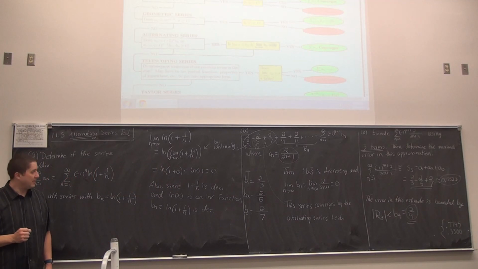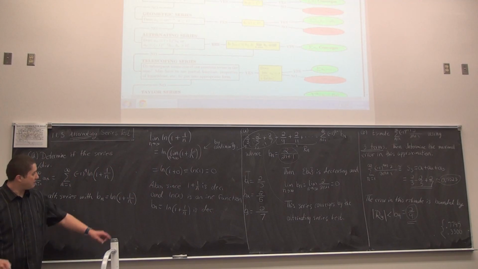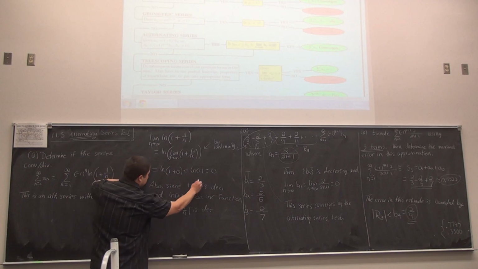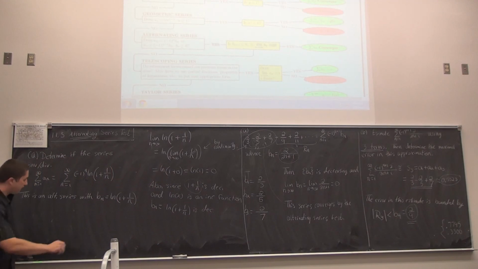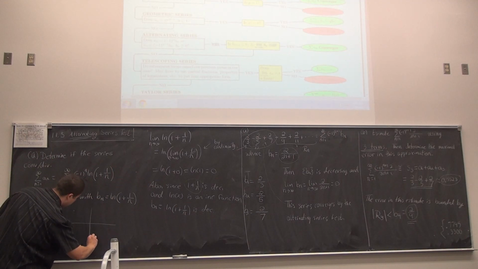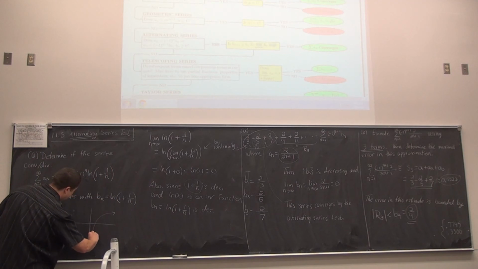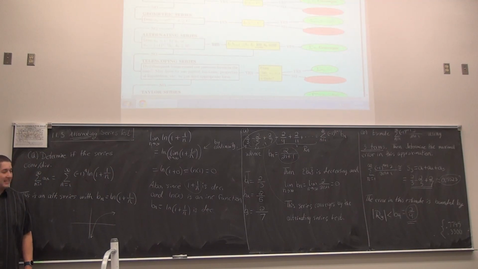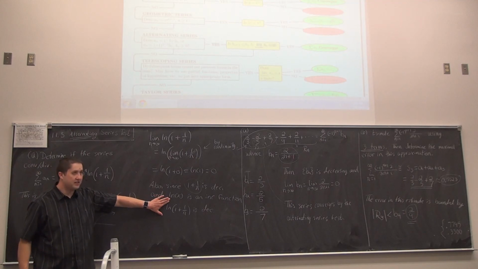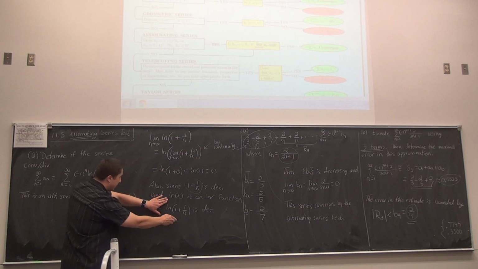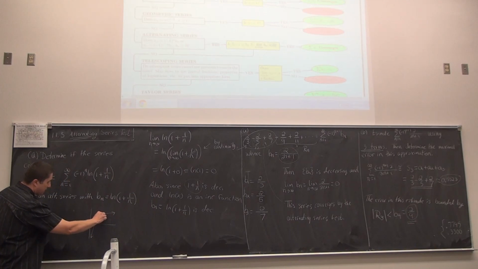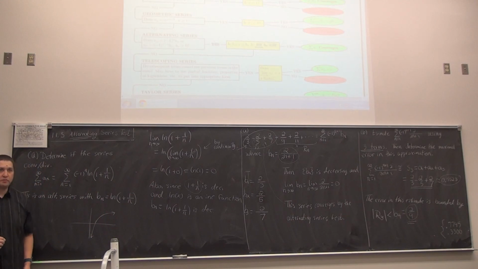That's a lot to put in there. So what I've said so far is this is decreasing. It's decreasing all the way down to 1 as n goes off to infinity. The graph of the natural logarithm function looks like this. It's actually increasing, and we need that. So when we look at the total thing, the natural log of 1 plus 1 over n, as this is getting smaller because n gets bigger, we're going down this way in the logarithm function, which means that in total, the whole thing decreases.